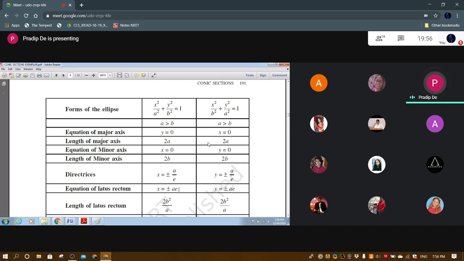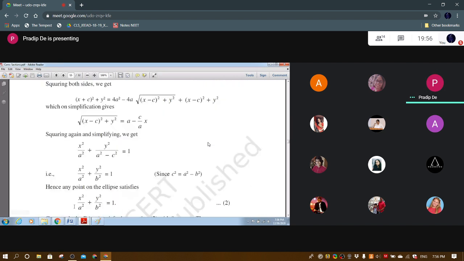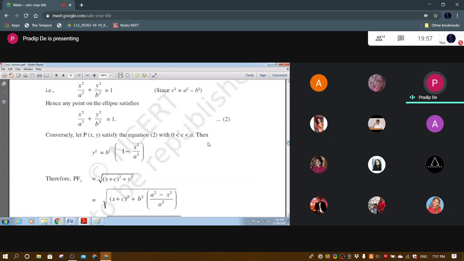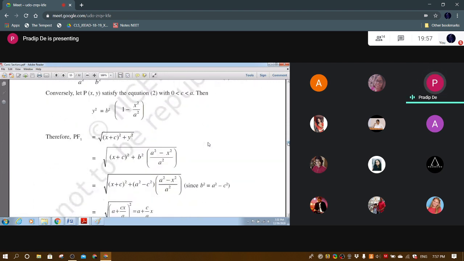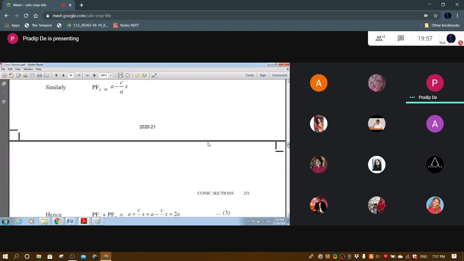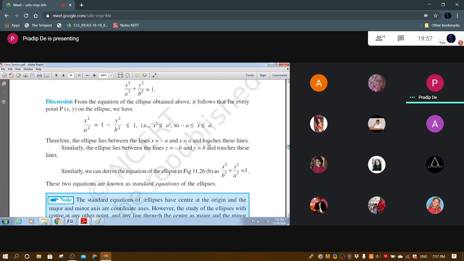Now, what is the latus rectum? Let me show you once again. You know what latus rectum is? Latus rectum is a focal chord which is perpendicular to the major axis.